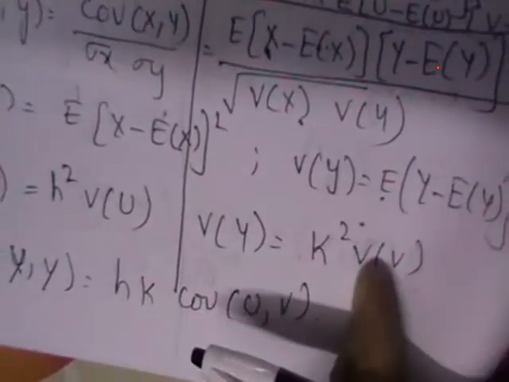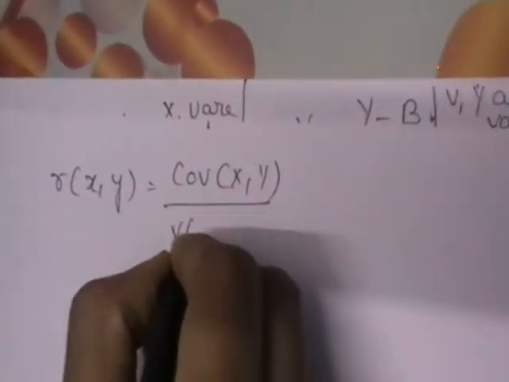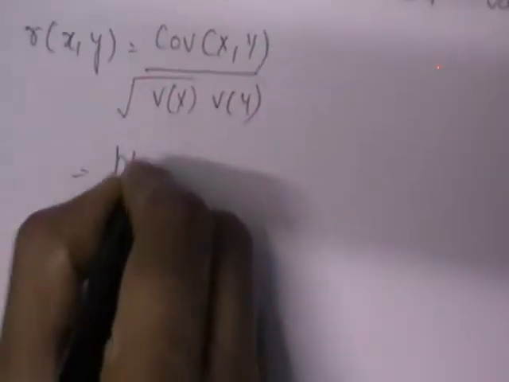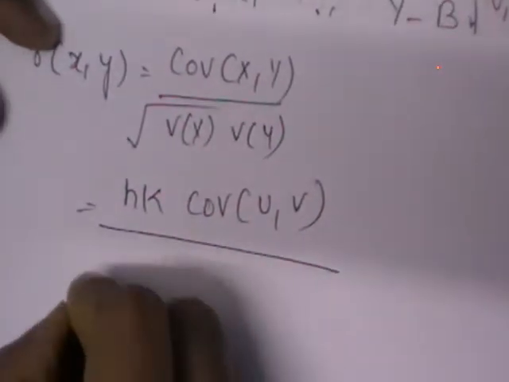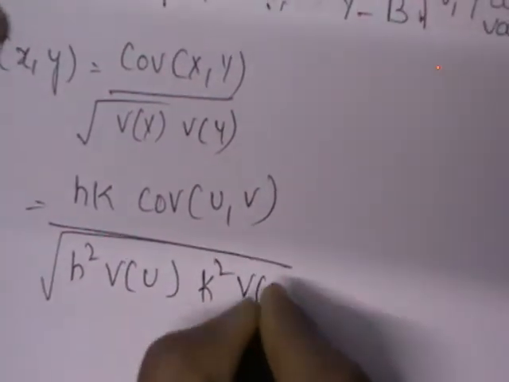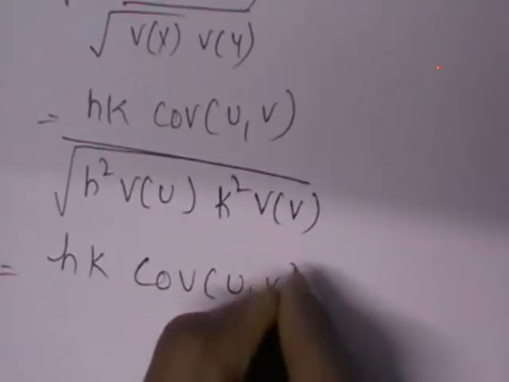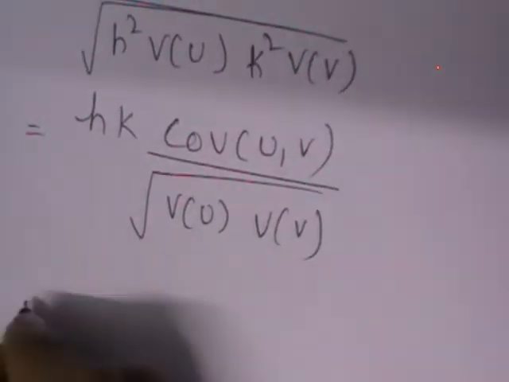So let us substitute in r of xy. What is the formula for r of xy? Covariance of x comma y by the root of variance of x into variance of y. We got hk into covariance of u comma v by the root of h square variance of u, k square variance of v. This is hk covariance of u comma v by root variance of u into root variance of v, where root variance is nothing but standard deviation.